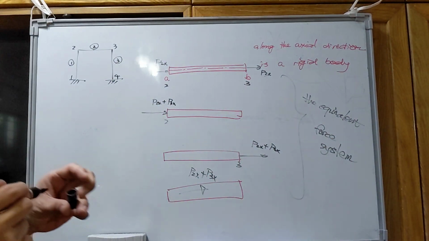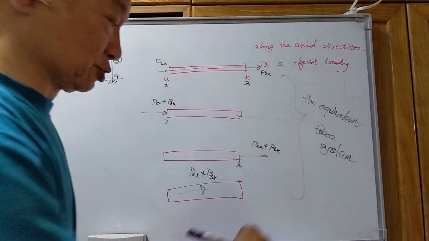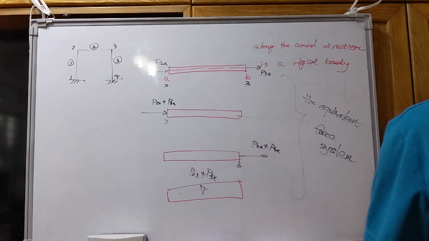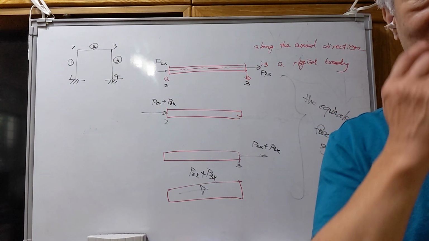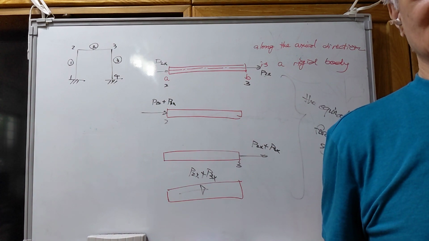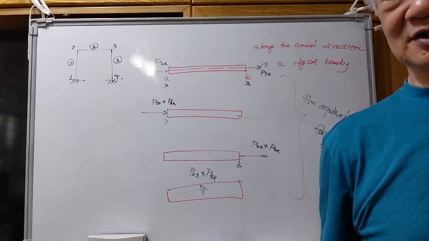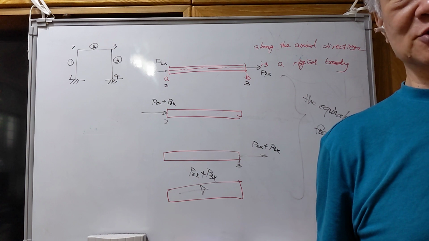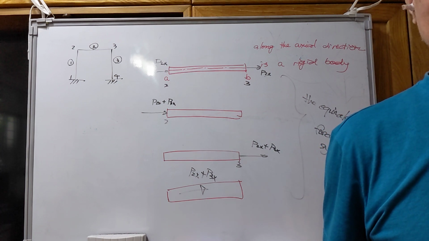Okay, if you check the response of the entire structure, not only the response of element 2, you will find the solved displacement or deformation of the structure will be the same.